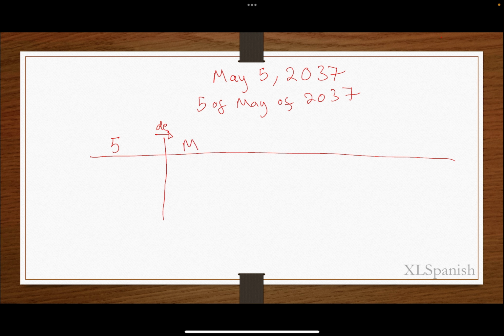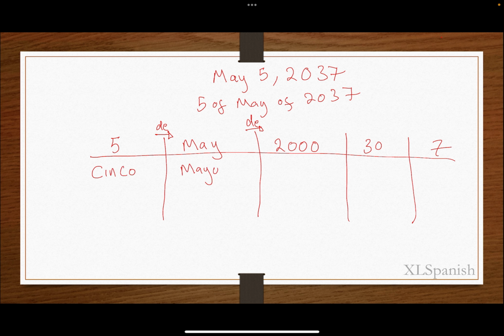Then we have May. Can you transition between a month and a year? De. 2037. Okay, 5 is cinco. May is mayo. 2000 is dos mil. 30 is treinta. 7 is siete.